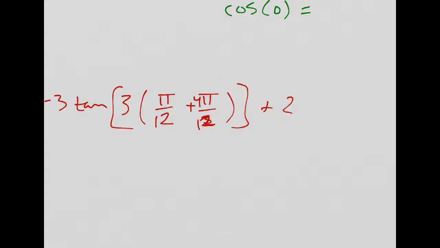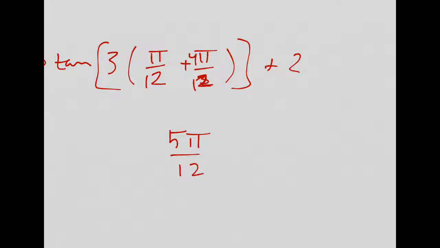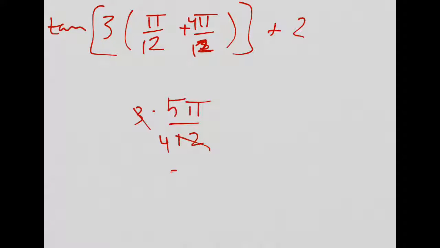So that's 5 pi over 12. That doesn't reduce nicely yet. But then I'm timesing that by 3, so I can cancel that out. That becomes 4, so 5 pi over 4. That is on my unit circle, so I can evaluate it without a calculator.